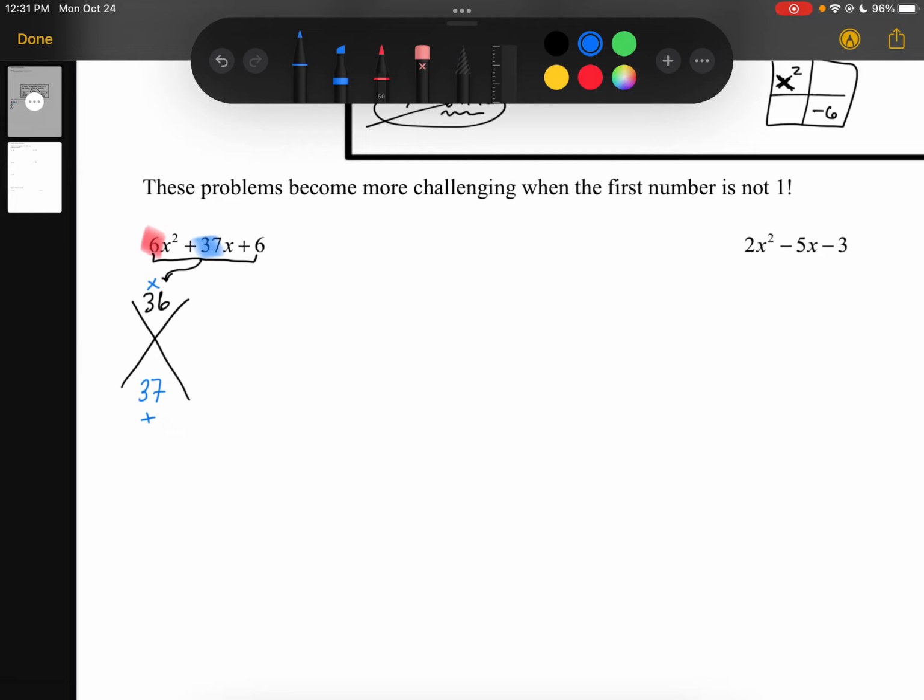For example, 6 times 6 is 36, but 6 plus 6 does not equal 37. A good way to do this, if you're not sure of your factors, is to list them all out here.